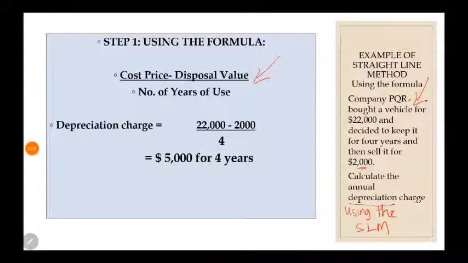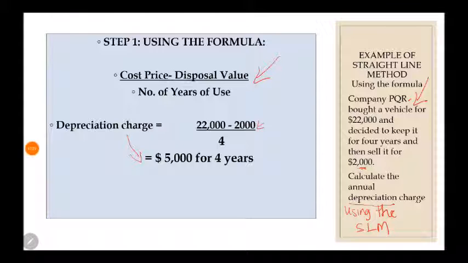So it would be $22,000 minus 2,000, your disposal value, how much you intend to sell it for, over the number of years. So when you get 20,000, 22 minus 2,000 is 20 over 4. You will get the depreciation charge being $5,000 for each year.